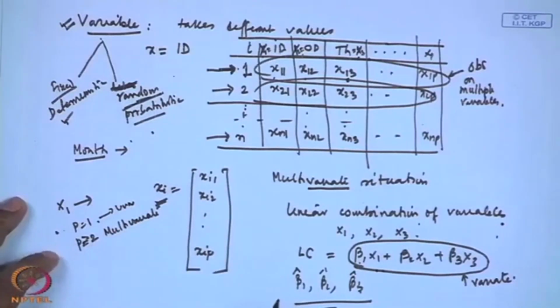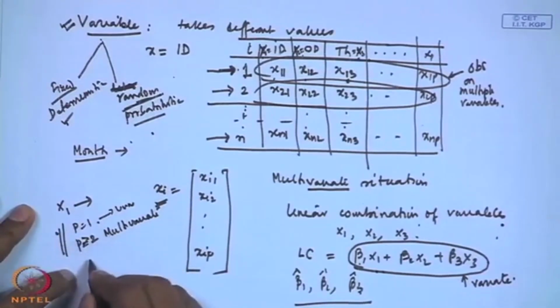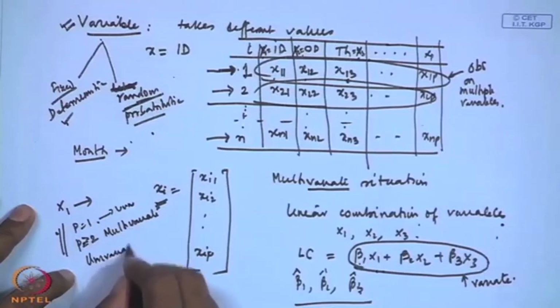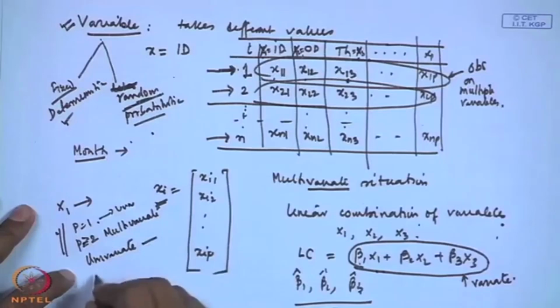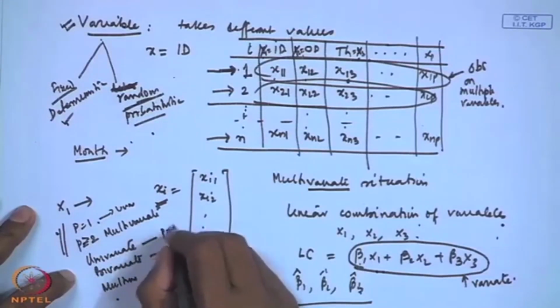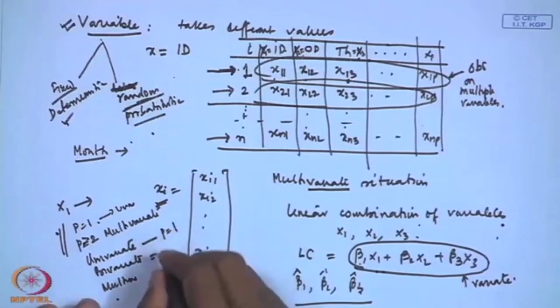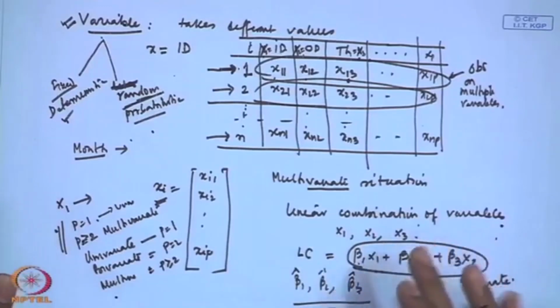Usually in statistics books you will find univariate statistics, for example, in terms of normal distribution: univariate normal distribution, bivariate normal distribution, multivariate normal distribution. Although bivariate is a part of multivariate, we basically talk about univariate as p equal to 1, bivariate as p equal to 2, and multivariate as p greater than or equal to 2. So, this is what is multivariate.